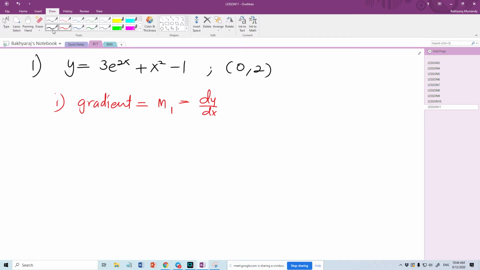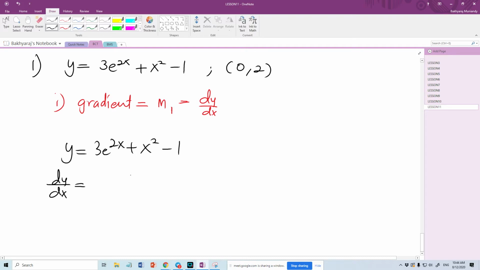Okay, what's the answer? So you get y equal 3 exponent 2x plus x square minus 1. Once you differentiate, you get dy dx will be equal, correct, 6 exponent 2x plus, correct, 2x. And what about minus 1? Correct, minus 1 becomes 0 dah. Okay, to get the gradient, nak cari gradient, you need to substitute what is our x value, because kita ada x di sini kan, so we need to get the x value. So our x is actually 0 dah. So based on our coordinate, x equals to 0, y is equals to 2.